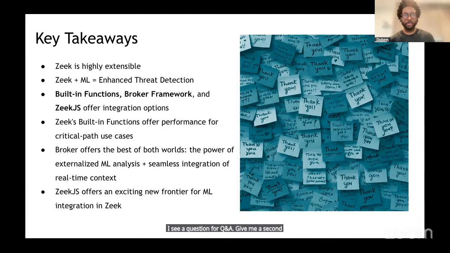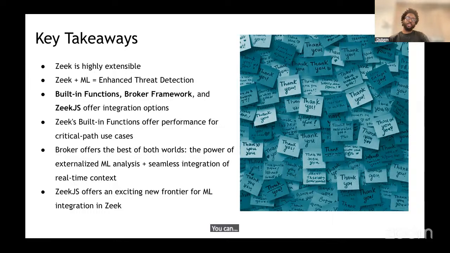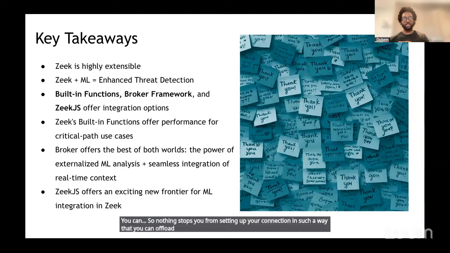Can I do the machine learning prediction via Zeek.js and forward the prediction to a Kafka broker? Yes, you can. Nothing stops you from setting up your connection in such a way that you can offload the result of your detection to some other node outside of Zeek, right? This was just one example.